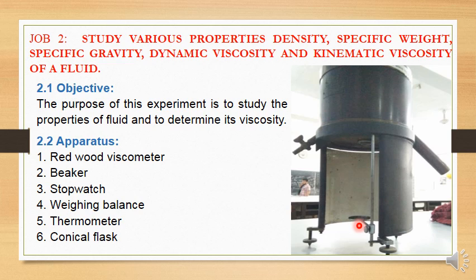Then we are going to note down the time. How to relate the viscosity with the time of flow of any particular fluid we will discuss in this job. Then beakers, a stopwatch to note down the time, a weighing balance to weigh the beaker, the flask and the fluid, and a thermometer to check the temperature of the surroundings.